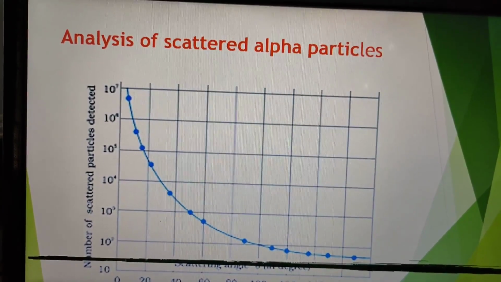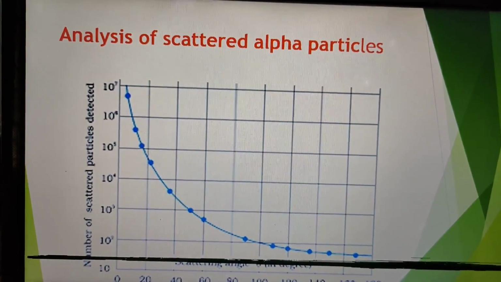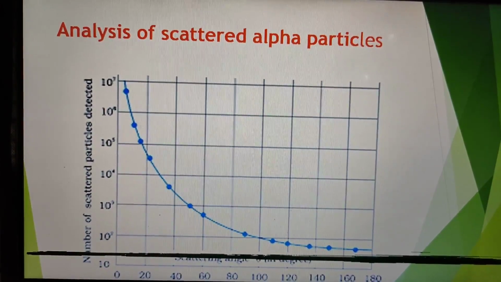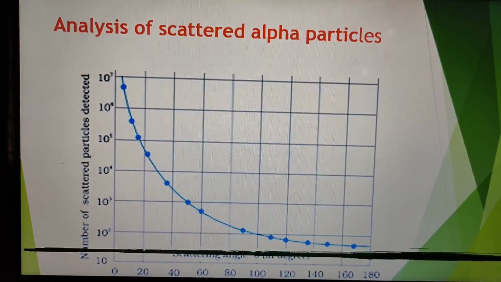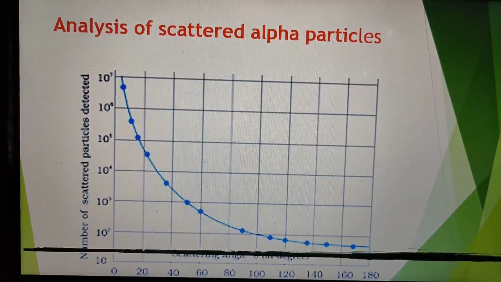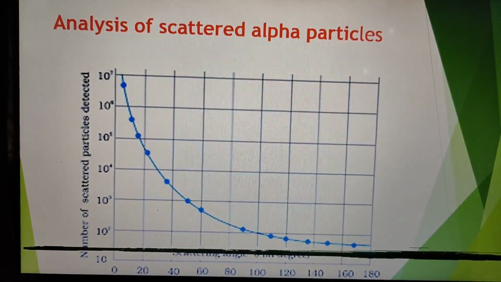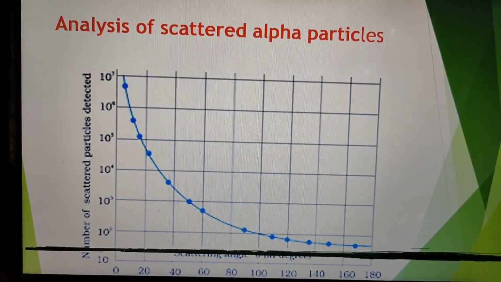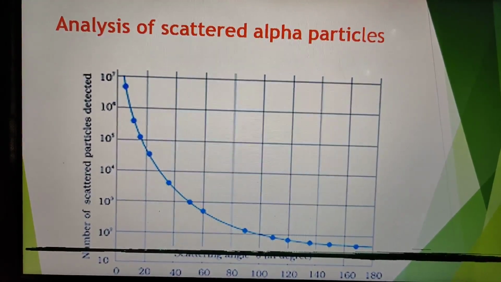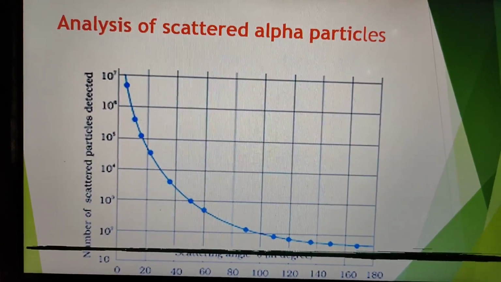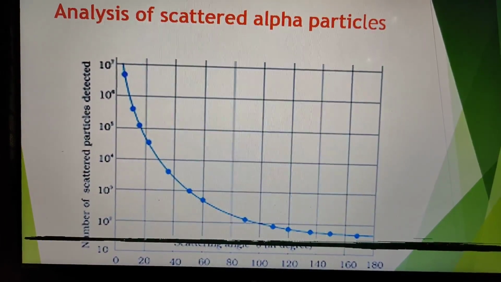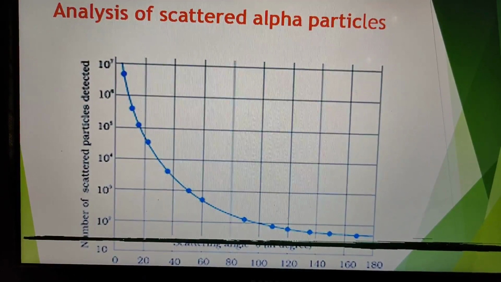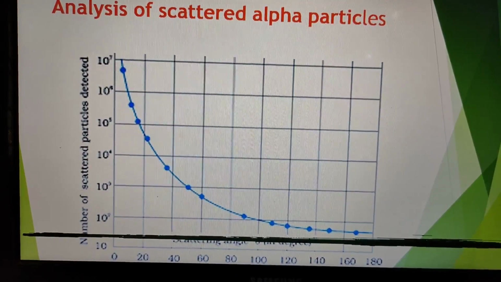If you analyze the graph, you can see that for small angles of scattering, up to 20 degree, at 0 degree the number of scattered particles is very high, around 10 raised to 7. And when the scattering angle increases, the number of scattered particles decreases in a very fast manner.